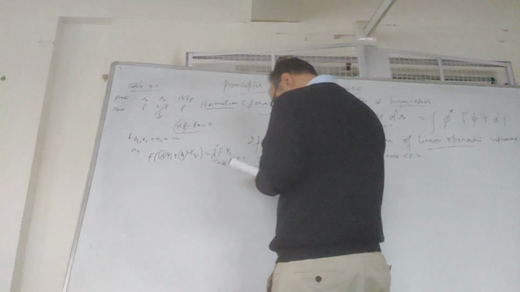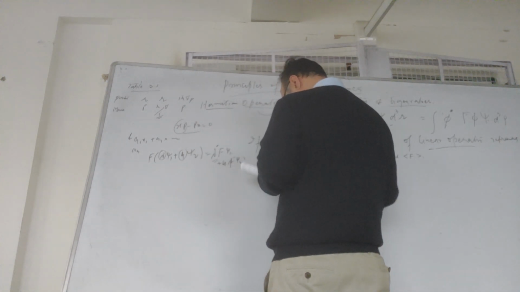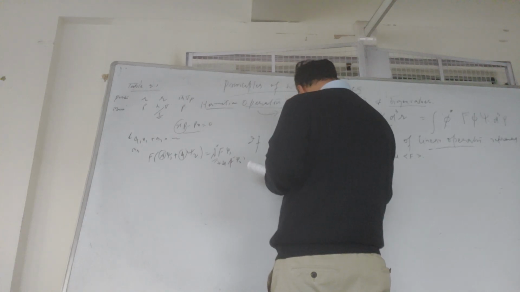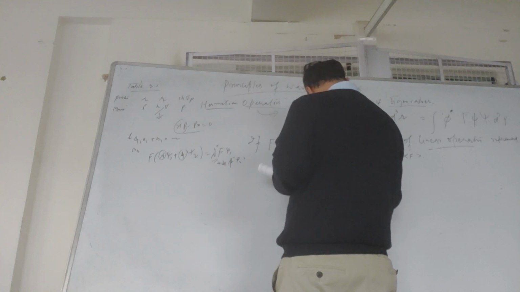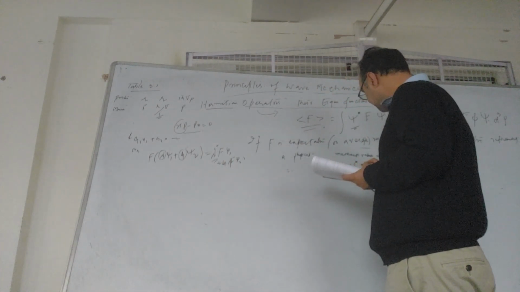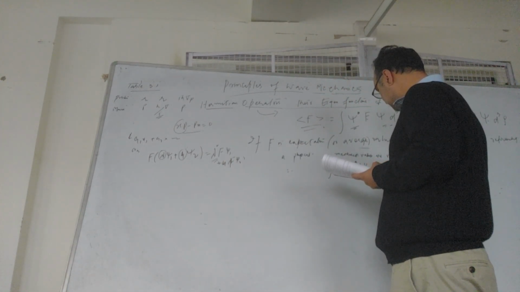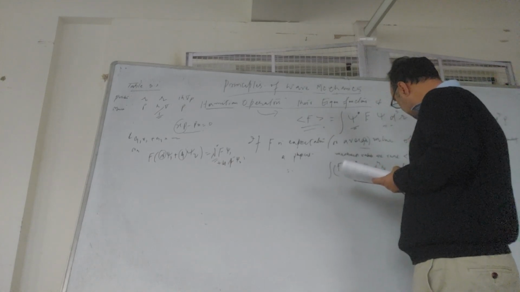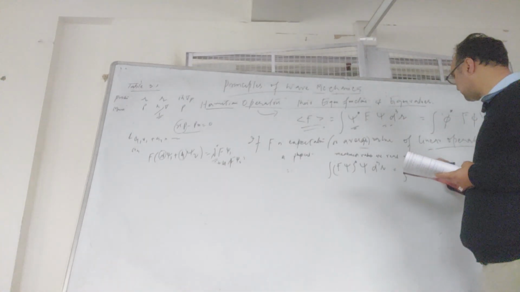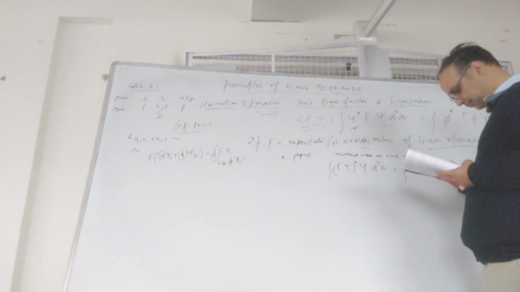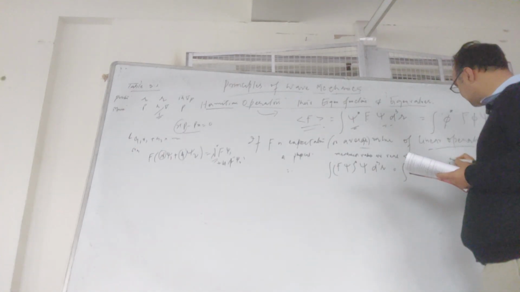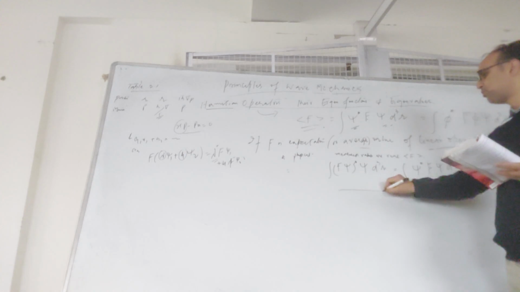अब उसी चीज को हम ऐसे लिखते हैं, we can demand f of psi star psi, so you can demand this property.